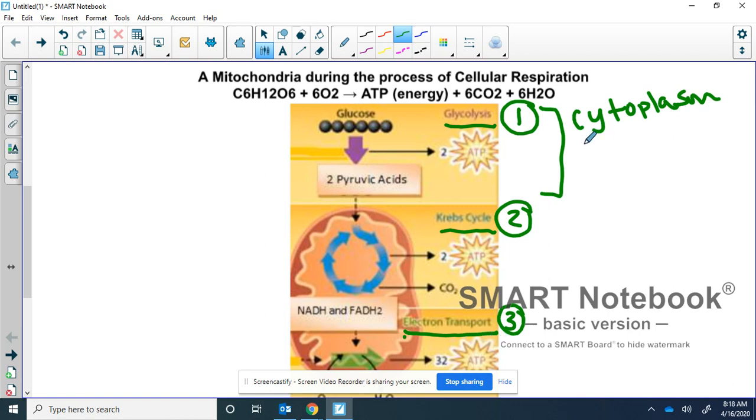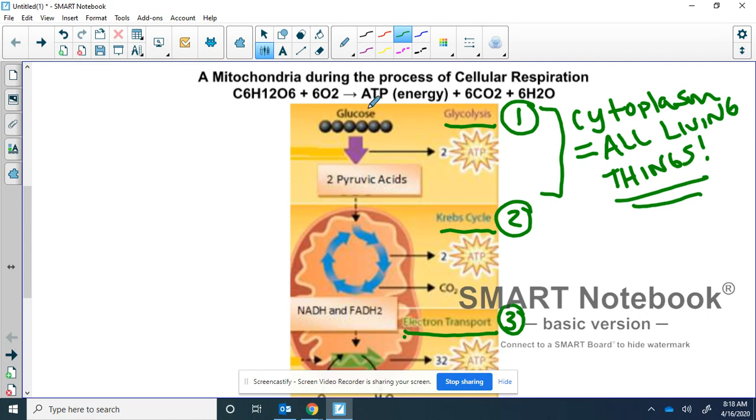Since it's the empty place inside of a cell, all living things have it, and therefore all living things go through this step. Now, this first step is taking glucose or sugar and breaking it down. And we are getting 2 ATPs, or 2 units of energy, out of this.